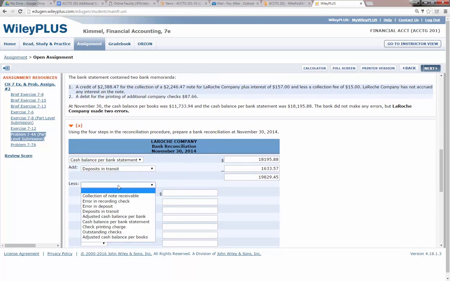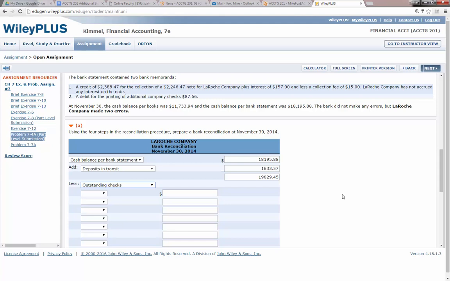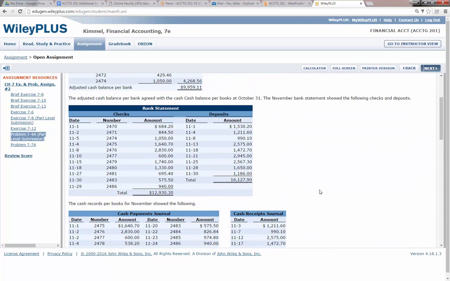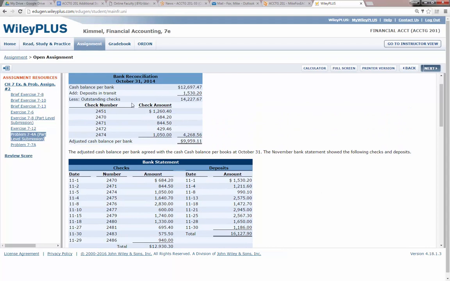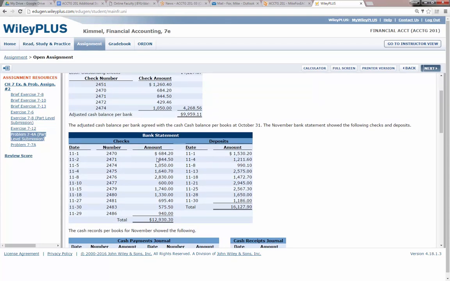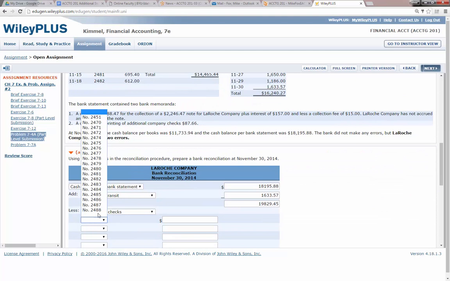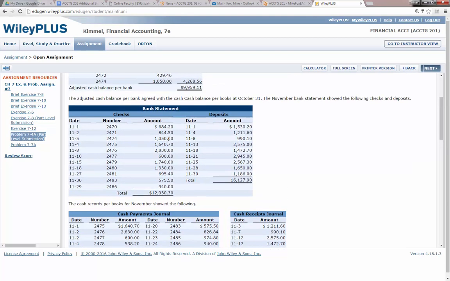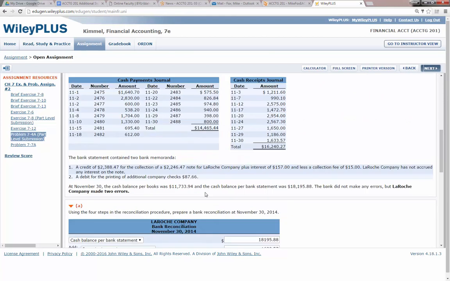Then we'll subtract out any outstanding checks. Remember, outstanding checks are checks that we have written but have not yet shown up on the bank statement. So they'll be in our books but not on the statement. So the first thing we have to do is go back to last month, October, and make sure all of these outstanding checks from October showed up on the bank statement this month. And we'll see that this 2451 still has not shown up on the bank statement. So that's still an outstanding check, is my point. So we'll have to come down here and we'll enter 2451 and then the amount of the check, which was $1,260.40.